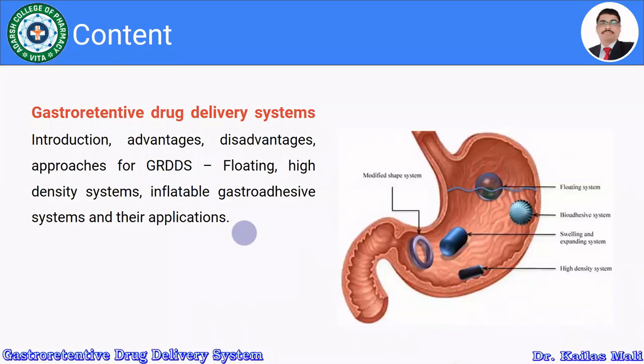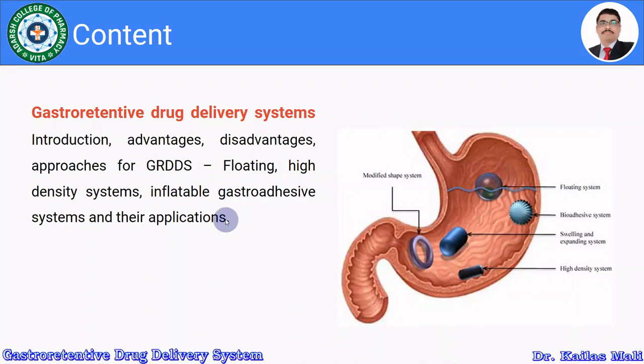We are going to discuss the introduction part, then the advantages, disadvantages, then the different approaches for gastroretentive drug delivery systems like floating, high density systems, inflatable gastroretentive systems and their applications.